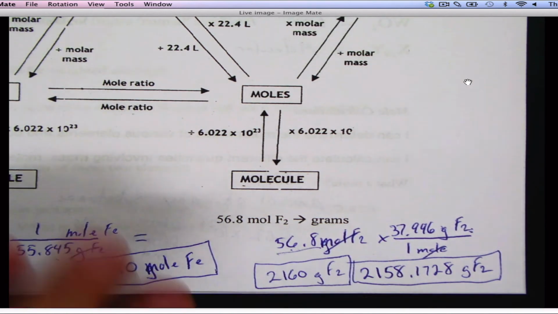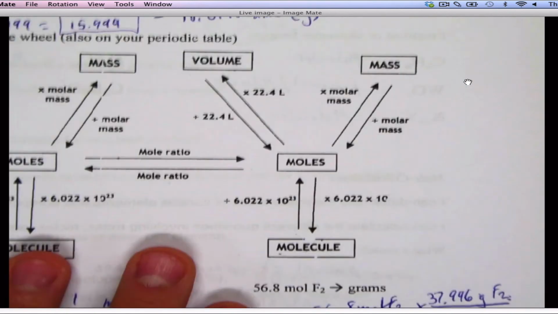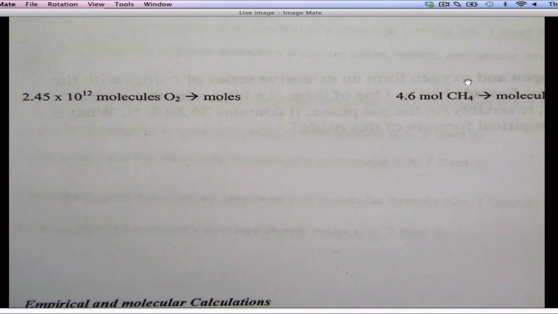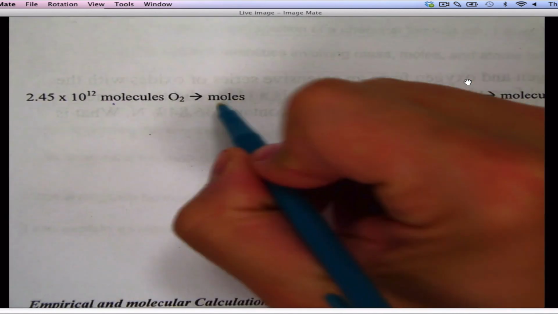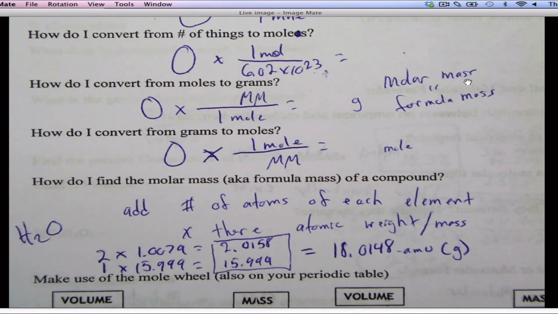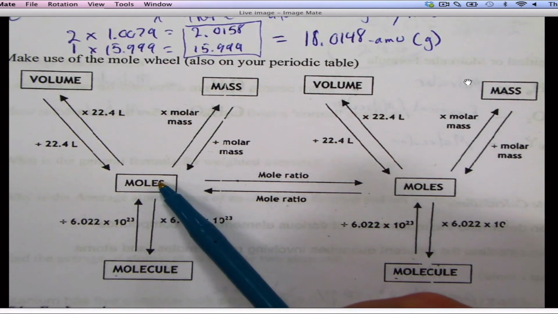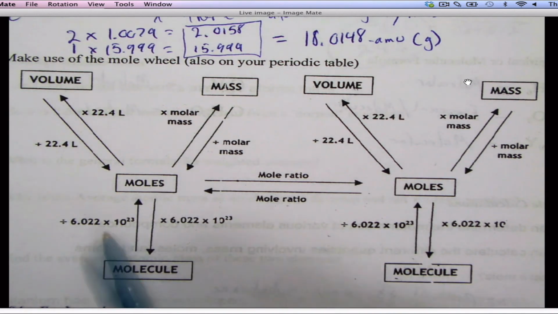Let's try some extra calculations with the mole wheel. The next part of this is going from molecules. So we start with molecules and we're going to moles. If we look at the mole wheel that I gave you, going from molecules to moles means we divide by Avogadro's number.